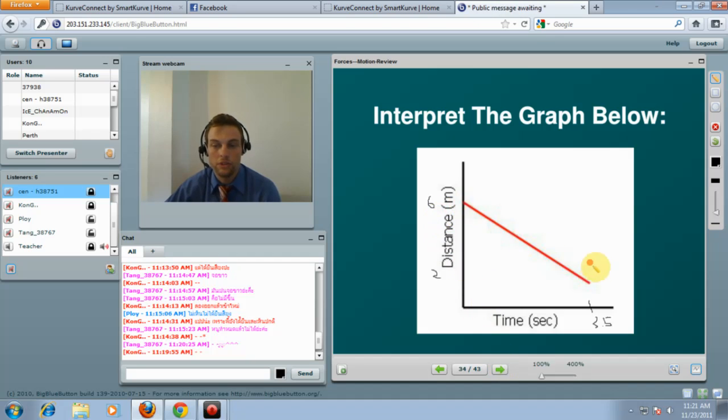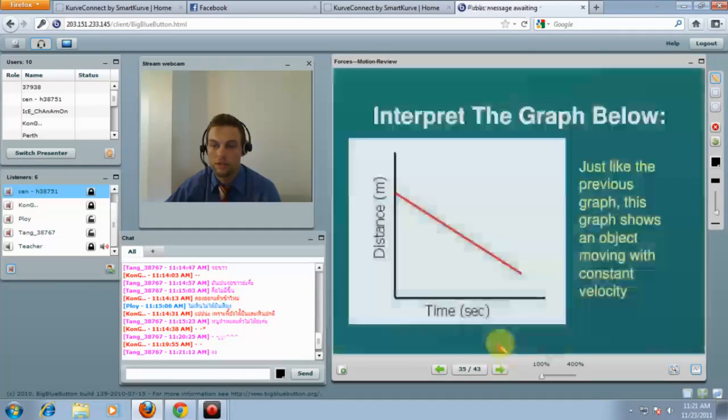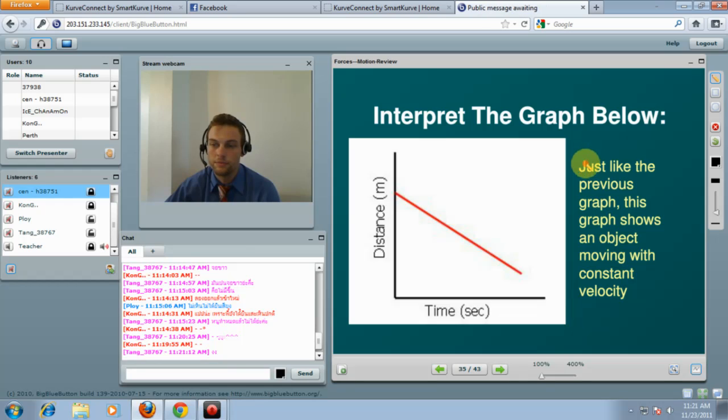So like we said before, this is just speed is decreasing. No, I'm sorry, this is a constant speed, but it's constantly moving. It's just moving from away from you to towards you.